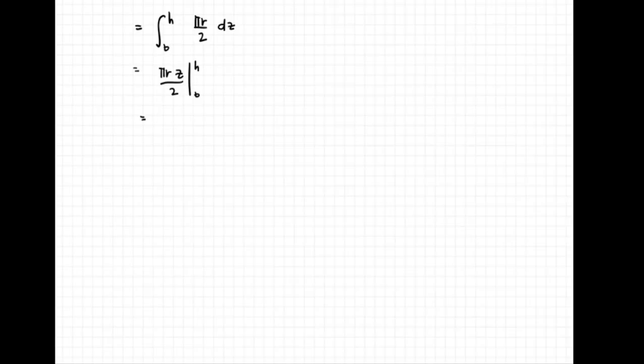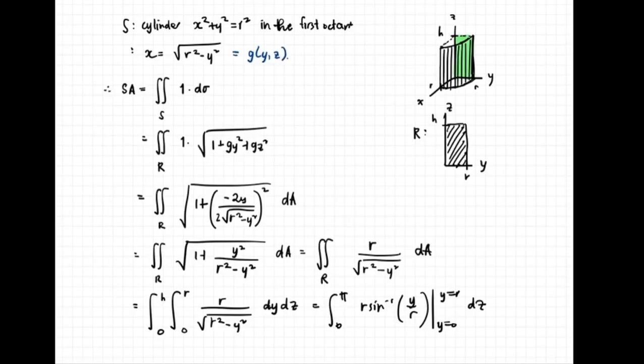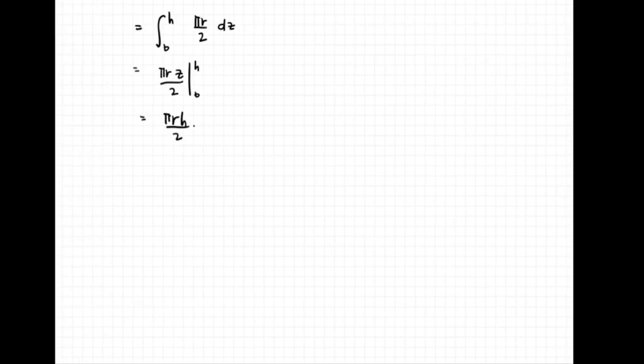And so this is equal now to pi r h over 2. But take note here, we're only taking a look at the surface area of 1/4 of the whole cylinder. So this is actually SA over 4. And so the surface area would now be 4 times pi r h over 2, or this is equal now to 2 pi r h, which is, again, what we obtained in our first solution.